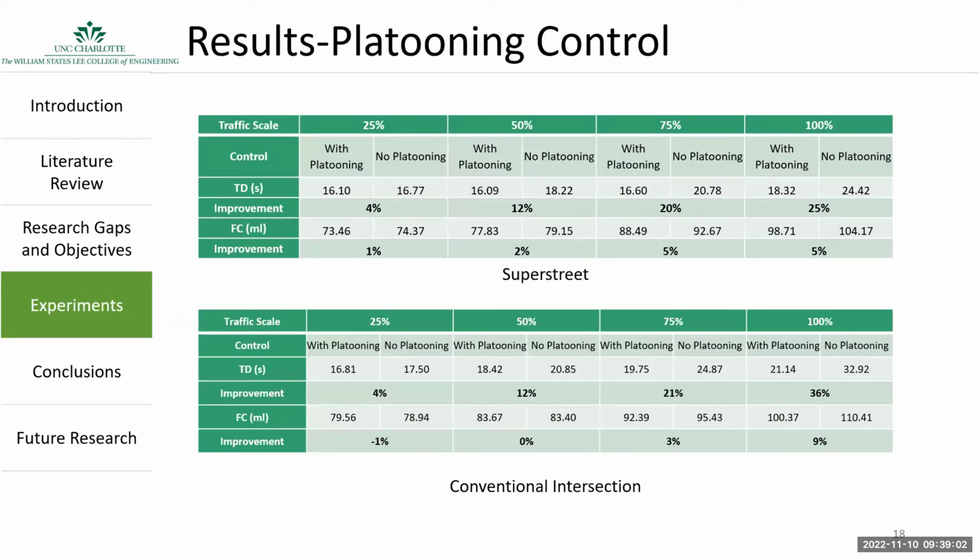However, when the traffic volume increases, the platooning gives more benefits in the conventional intersection, which is understandable since when you have more vehicles, the conventional intersection is going to be more congested, which means there are going to be more chances for platooning to be formed, and thus platooning can give more benefits when the road is more congested.